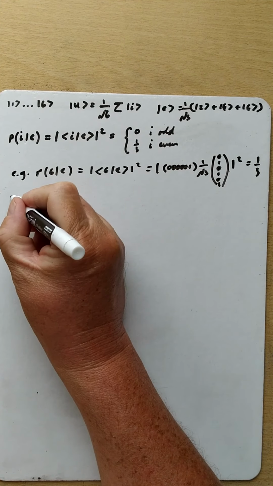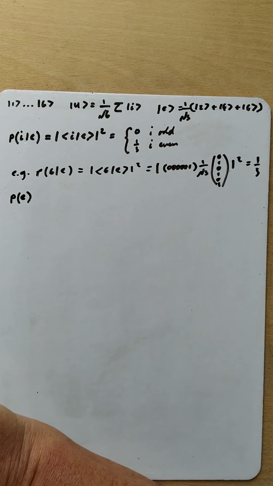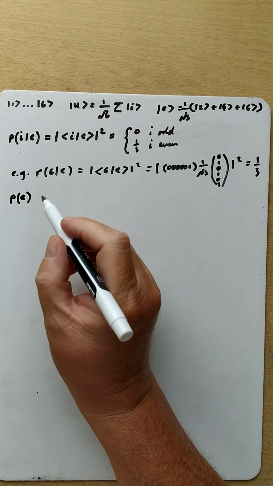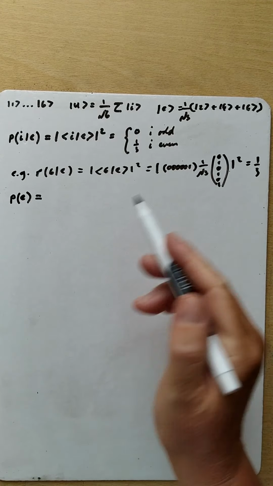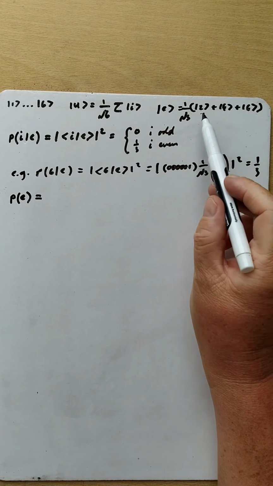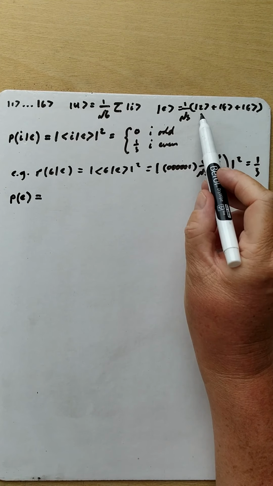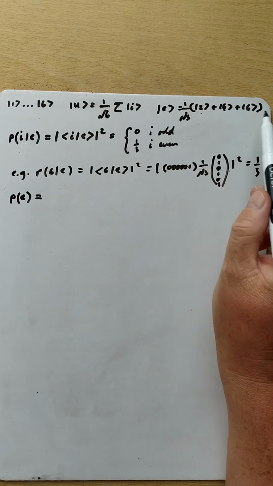Now what about the probability of it being in the even state in the first place? In purely classical terms, these are mutually exclusive possibilities. So the probability of one of these states is the sum of the probabilities of each one.